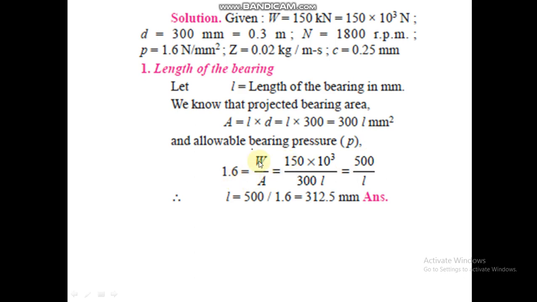Pressure is equal to load upon area. Pressure is 1.6, load is 150 kilonewton, area is length into diameter. Length you don't know, diameter is 300. So 300 into L will be your area, and from this equation we will find the length of the bearing, that is 312.5 mm.